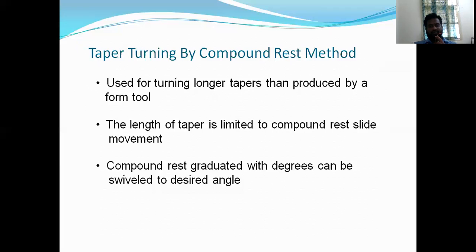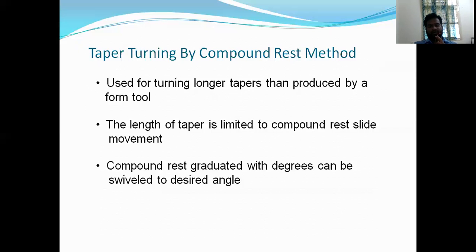The desired angle can be calculated using some formula, right? With that formula, we calculate the taper angle. After getting that taper angle, we take half of the taper angle because the workpiece is rotated and the cutting tool is moving, so it removes material on both sides. That's why we take half of the taper angle, so we get the desired taper shape, right?